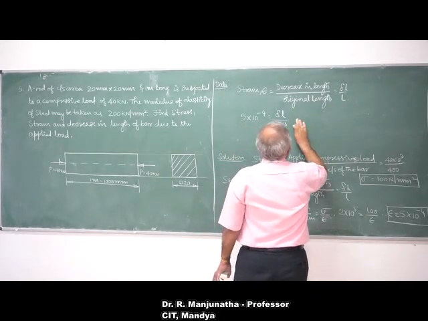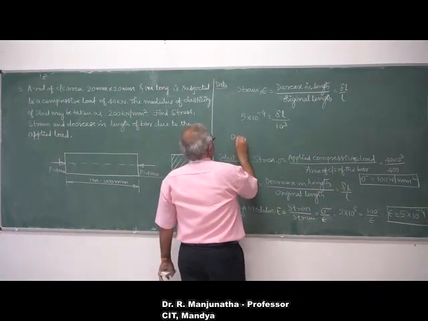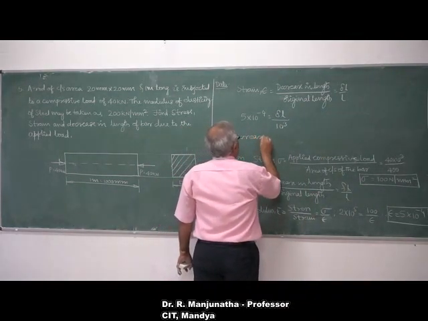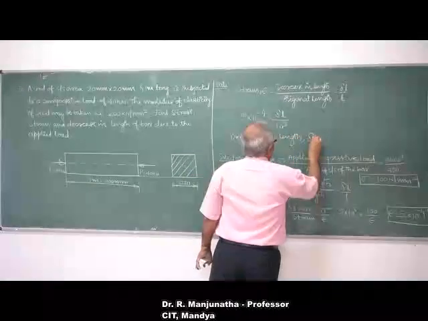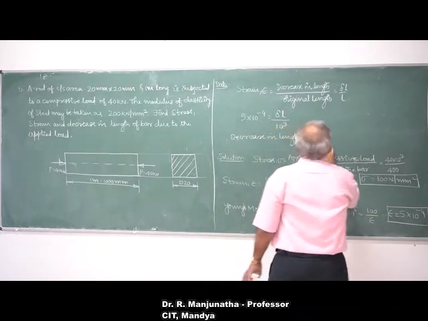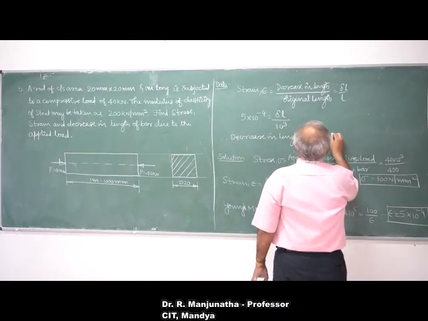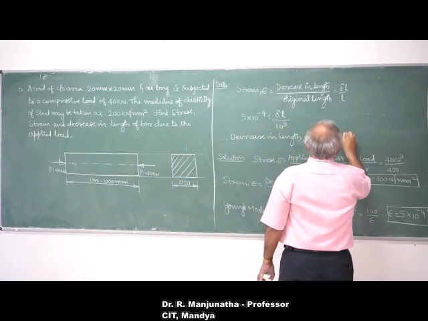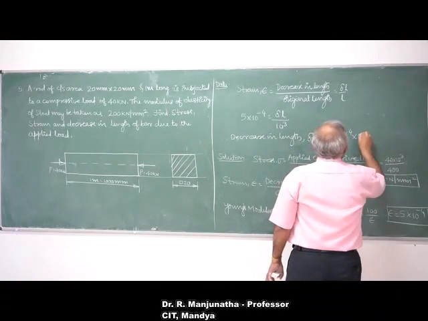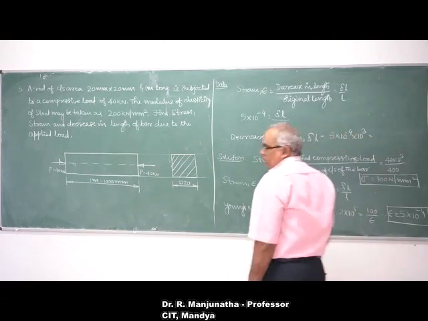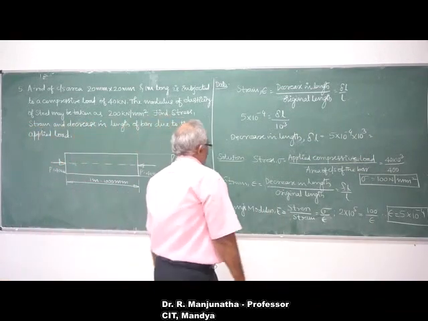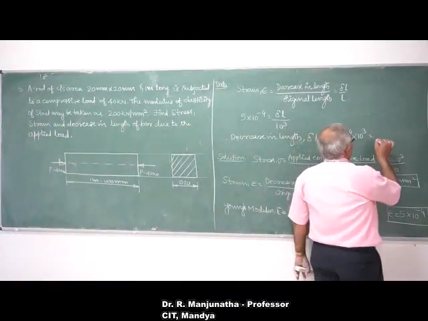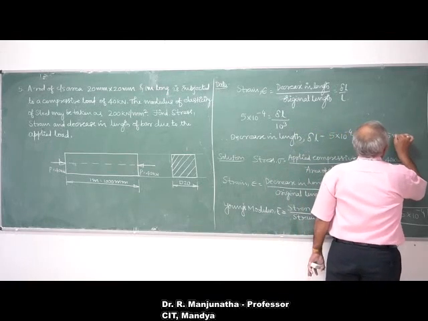Therefore, the decrease in length delta L will be equal to 5 into 10 to the power of minus 4 into 10 to the power of 3, which is equal to 0.5 mm. So the decrease in length of the rod is 0.5 mm. This is going to be the final answer.